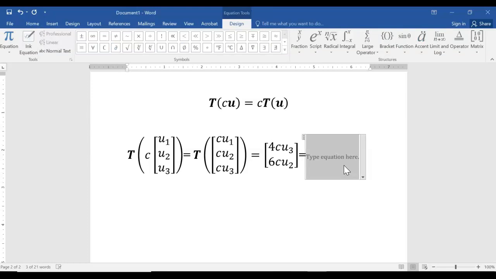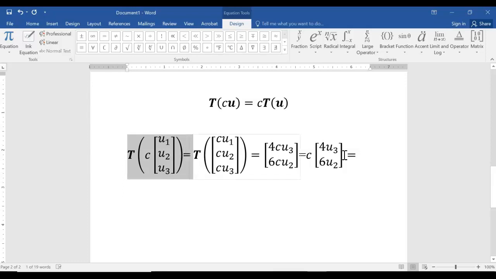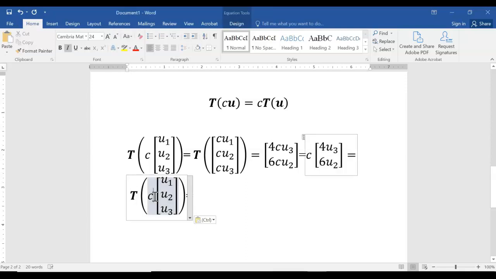So if you keep going with this, I can factor out a c, and then in the vector, what would be left is 4 times u3, 6 times u2, which is just a constant multiplied times the image of that arbitrary vector u.